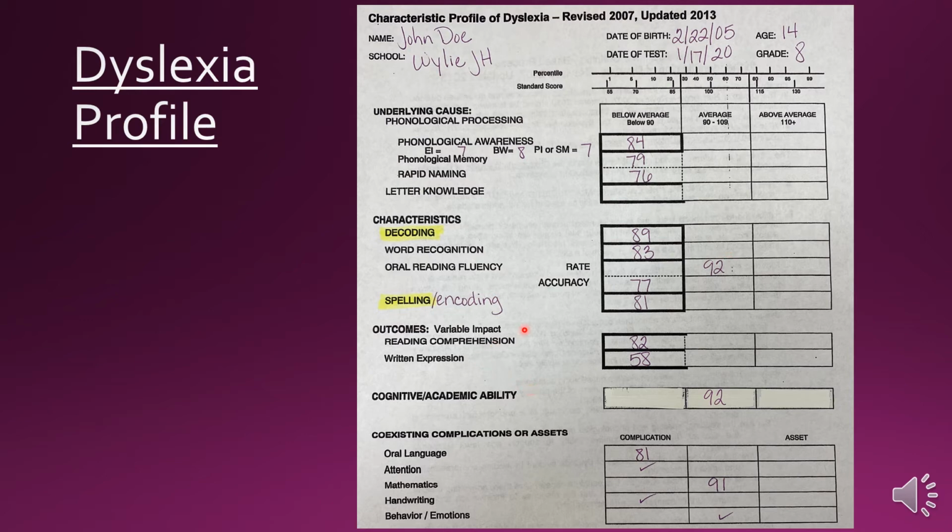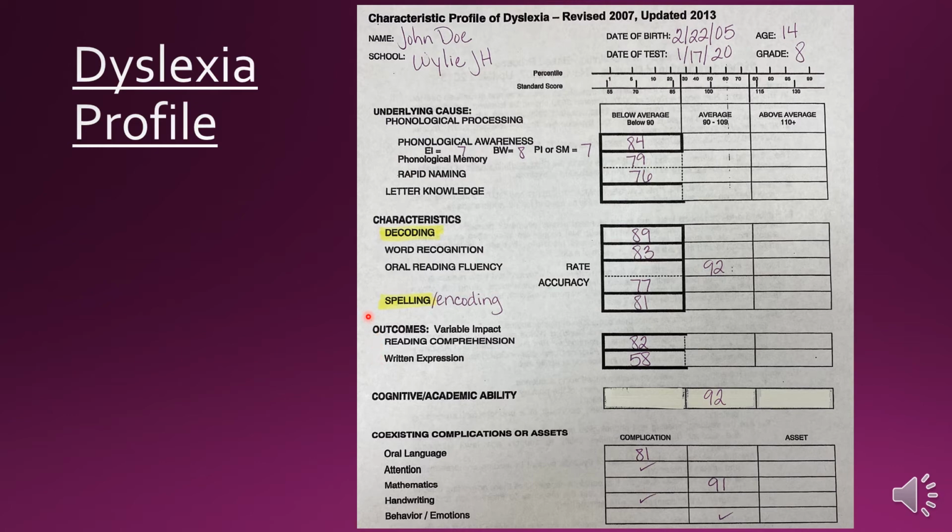Now, some comorbid things that go along with dyslexia are these characteristics right here, and because of these, oftentimes you will have difficulty with reading comprehension and written expression.